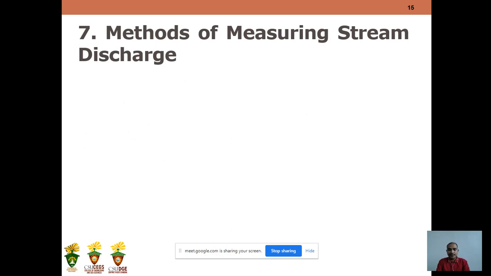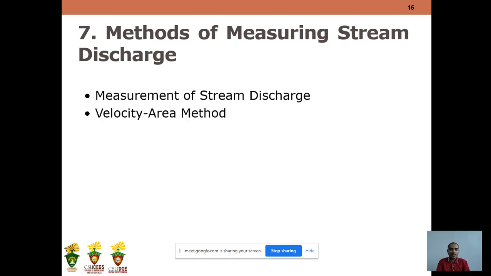For topic 7, we need to discuss the methods of measuring stream discharge. Under it, we will discuss the velocity-area method. Given the velocity and the area, we can measure the discharge.